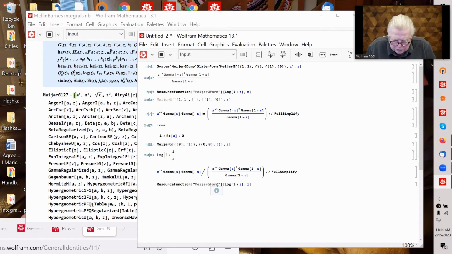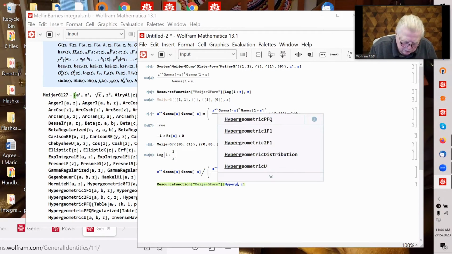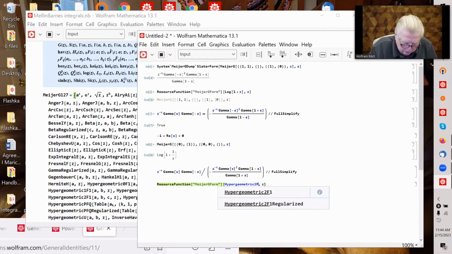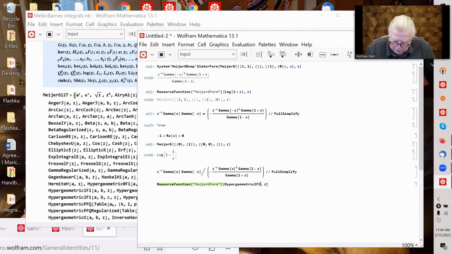I show, for example, here we can type something like hypergeometric 2F1, then A, B, C, Z, okay.